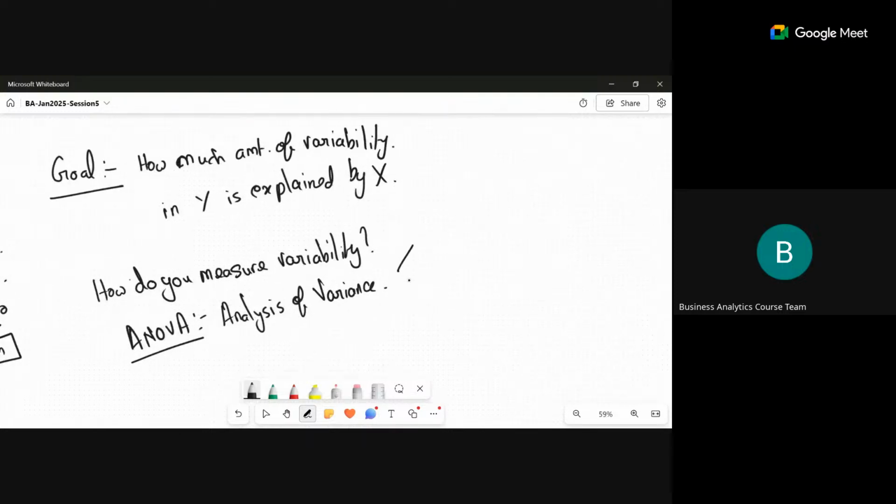There are different types. There are basically three. What are they? In an ANOVA table, what are the different rows? You have an ANOVA table. In the first column of the ANOVA table in Excel, there will be three names written. What are they?